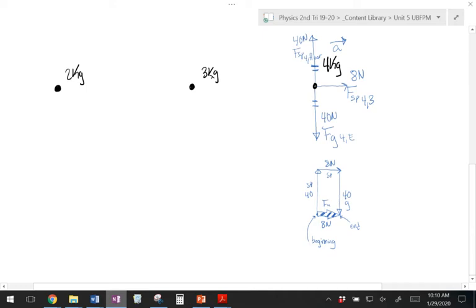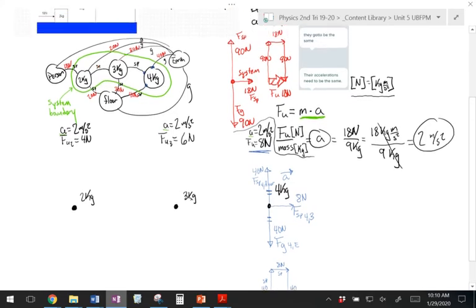So 4 kilograms, 2 meters per second squared, 8 newtons of FU. So the smoosh push from the 3 that the 4 is feeling must be 8 newtons.